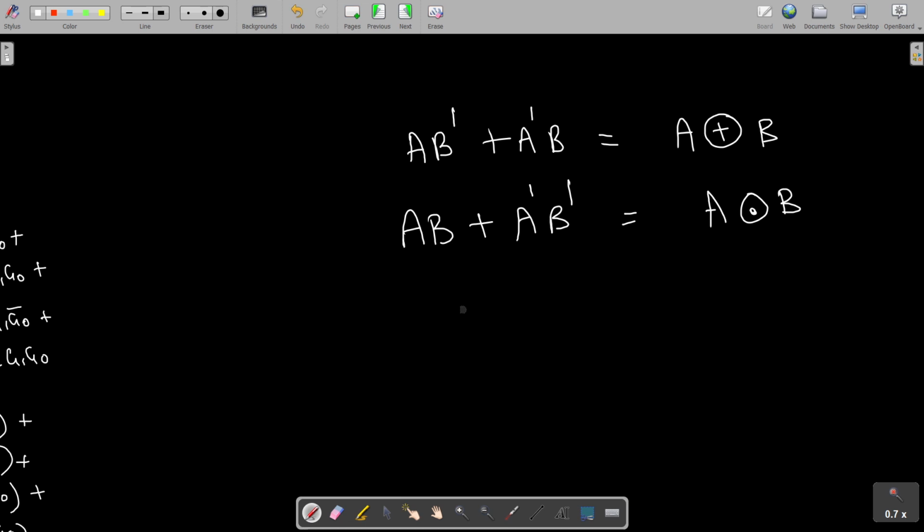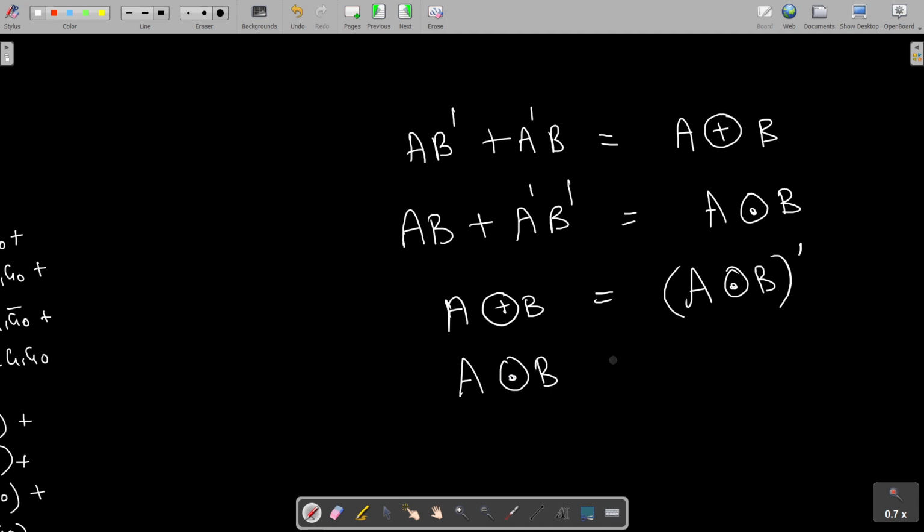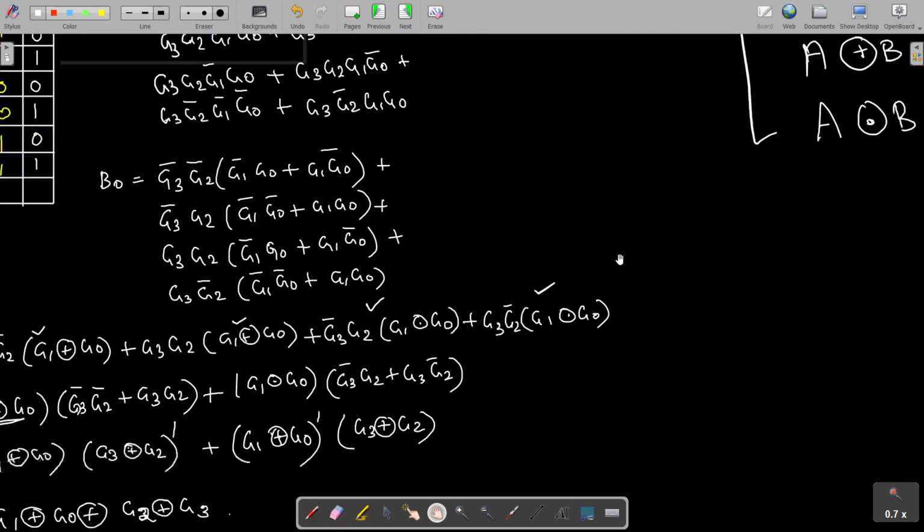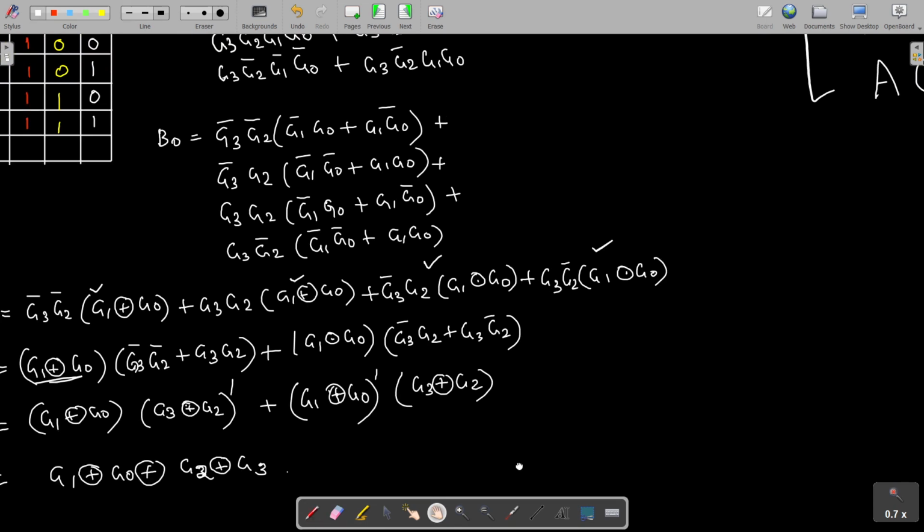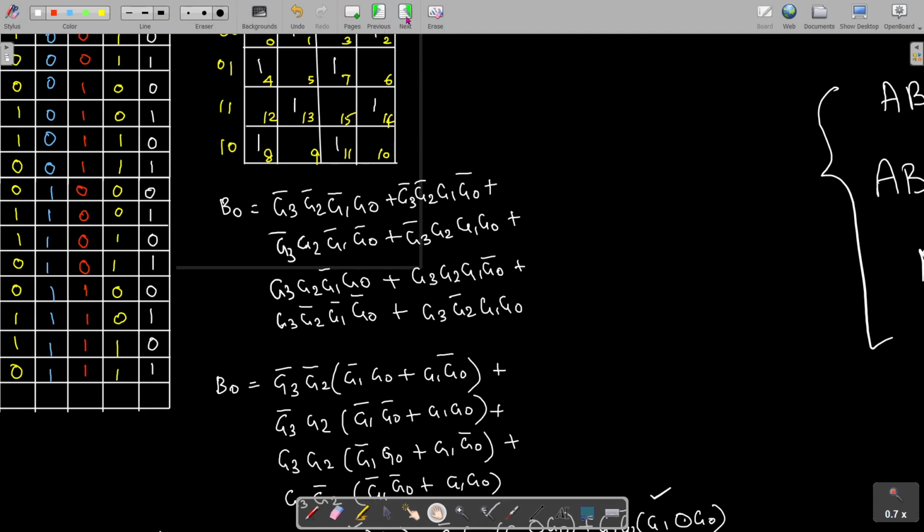Similarly, one more thing: A exclusive OR B is equal to A exclusive NOR B the whole dash, because they are complements. Suppose you have A exclusive NOR B, that can be written as A exclusive OR B complemented. These fundamental things you should know. Then only we can substitute them in order to simplify. Right, so we got the expressions now.